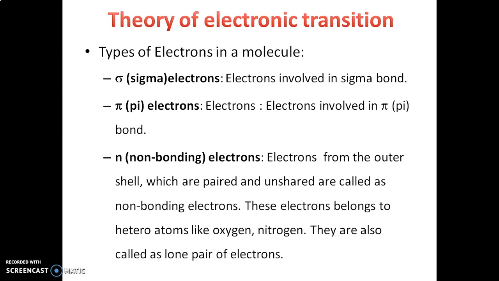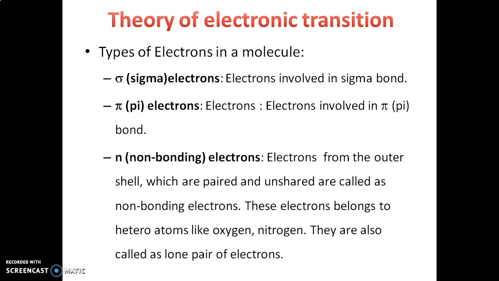The electrons involved in the formation of a sigma bond are called sigma electrons, while the electrons involved in the formation of pi bonds are called pi electrons. That means whatever electrons are responsible for the formation of a double bond or triple bond are called pi electrons.